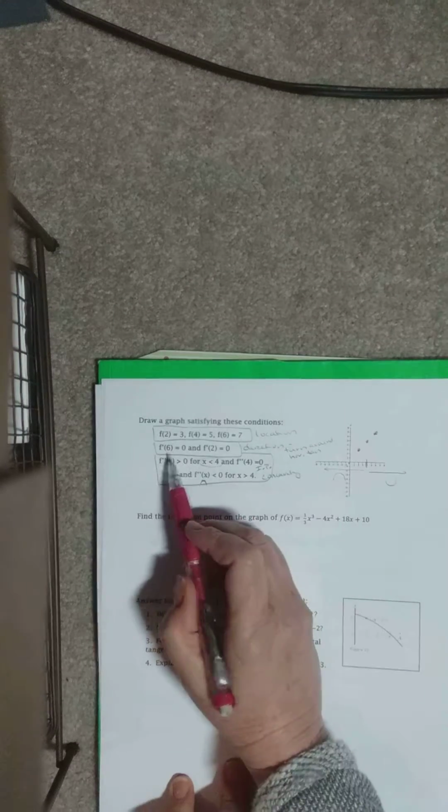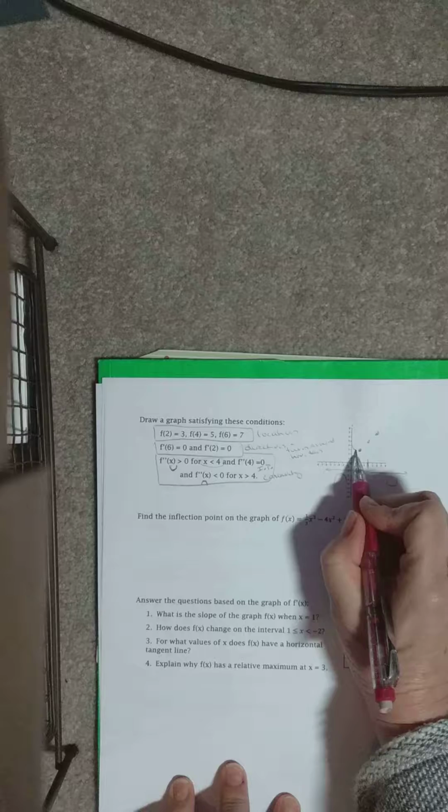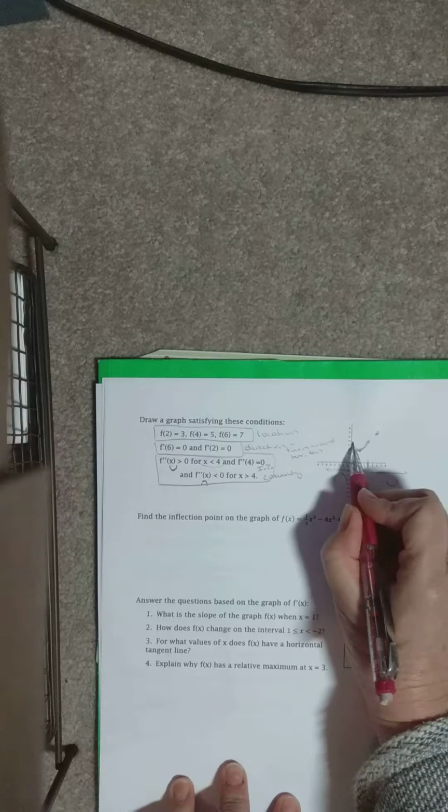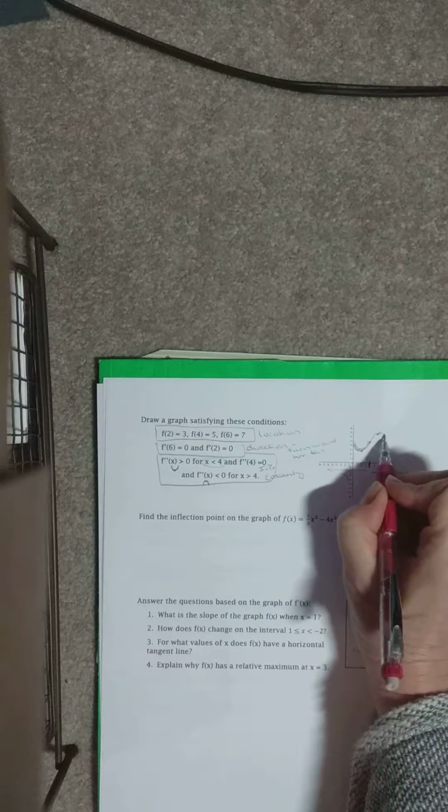And if we think our graph is turning around when x is 2, we could imagine what concave up and turning around would look like right there at that point. And if we think it's turning around again when x is 6, but it's concave down when it's doing that, we could imagine that it has that general shape.